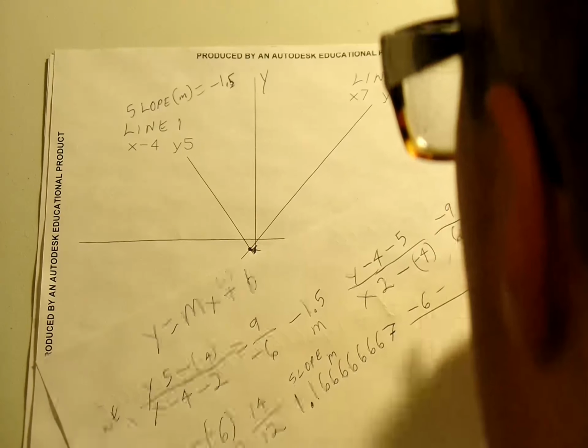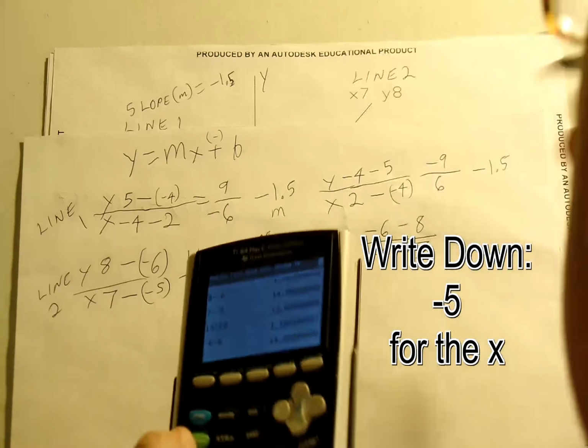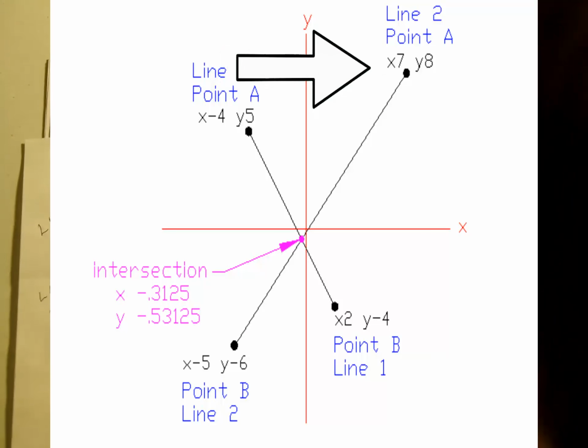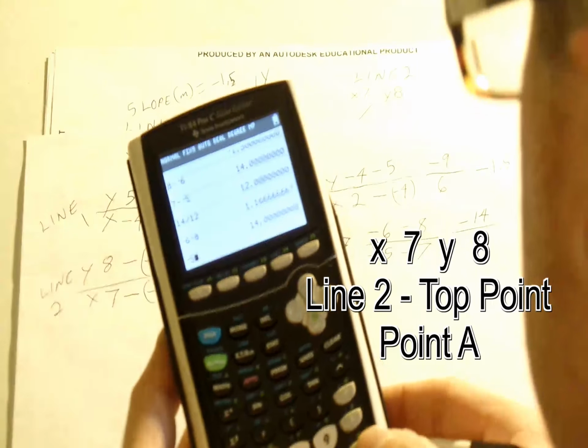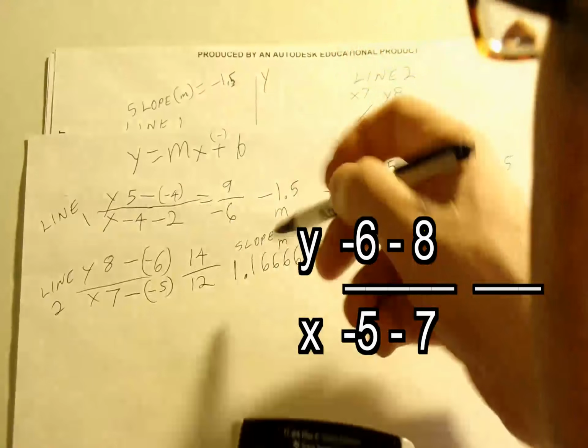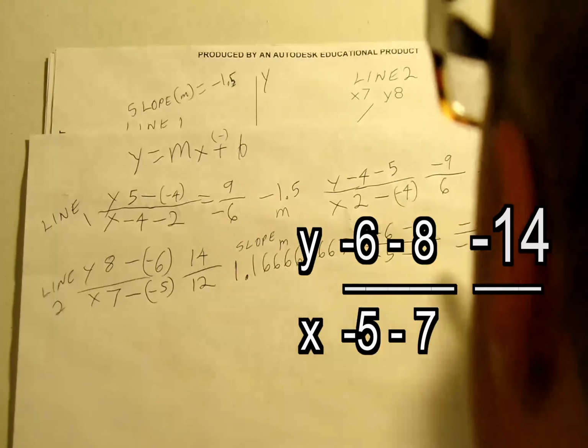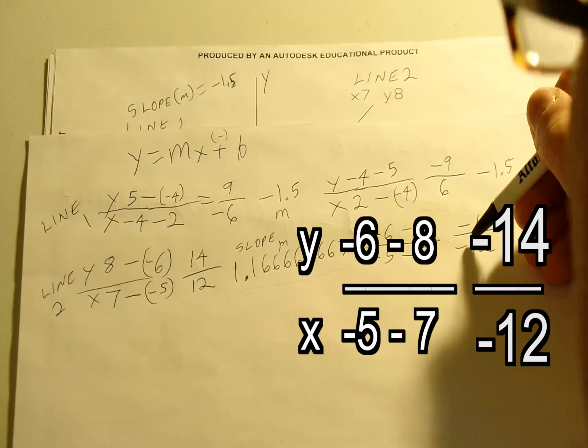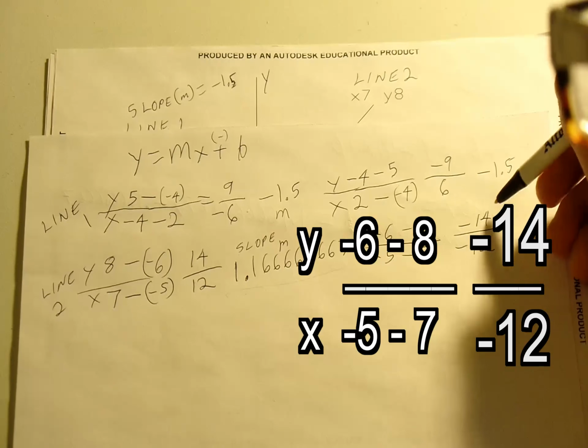We're going to run through these numbers again, but starting with point B this time. We have a negative 6 for y, and we have a y of 8 for point A. Point B, x negative 5, and we have an x of 7. So here we have the numbers. Negative 6 minus 8 equals negative 14. Negative 5 minus 7 equals negative 12.